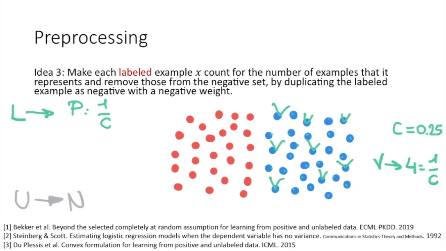So for each labeled example, we added more positive ones, but we should also make sure that these that we added are removed from the negative data. So the way that we will do this is add the labeled examples also as negative, but now the weight will be 1 minus 1 over C. So here that means minus 3, because we are essentially removing these labeled examples 3 times from the negative set.